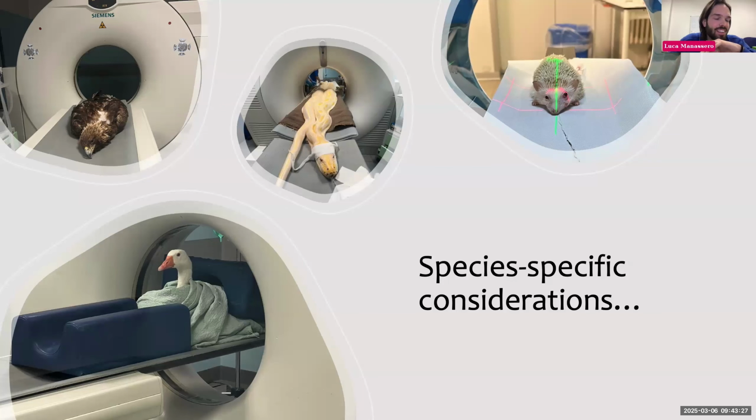Then, for example, on the top left, the eagle has very peculiar anatomy. The bones, for example, are full of air, so in the slicing, the segmentation is not easy at all.